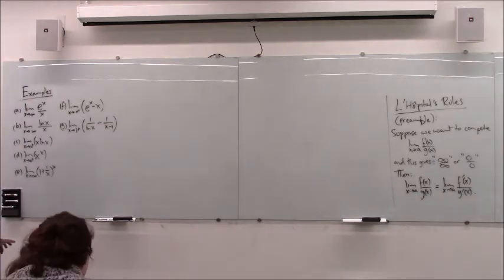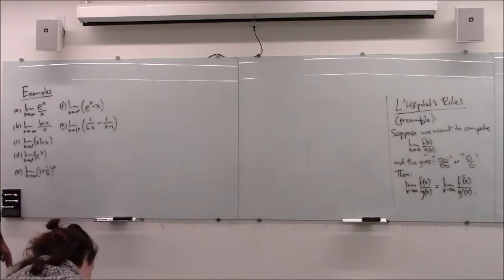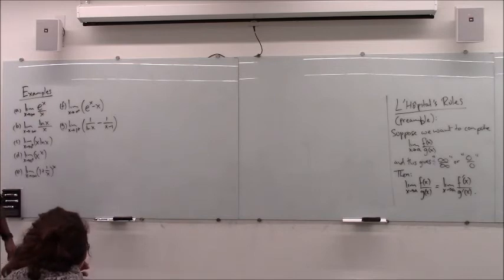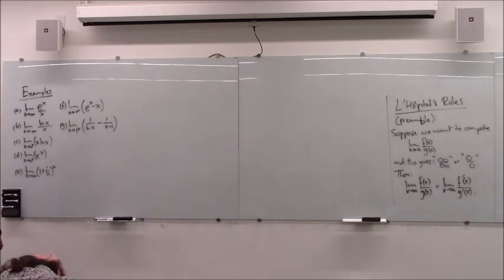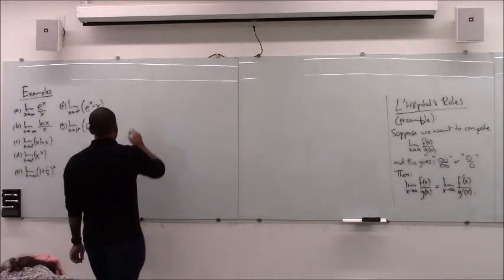Now, it turns out that the first two, you should actually be able to say what the answer is by eyeballing them. Does anyone have a guess as to what A and B should be? Based on previously established ideas?